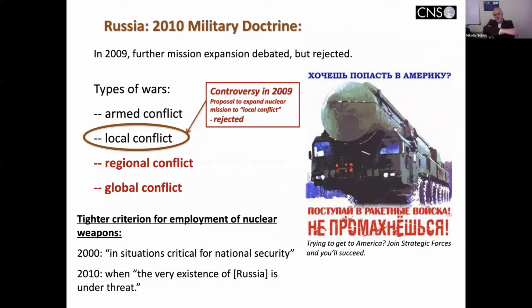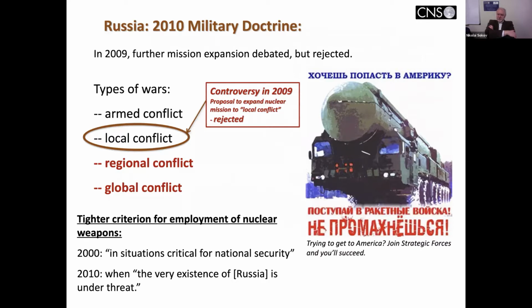But then things began to somewhat change. In 2010, although the doctrine remained the same, in spite of an attempt to further expand the role of nuclear weapons, that attempt was rejected. Instead, the threshold for employment of nuclear weapons was in fact increased.